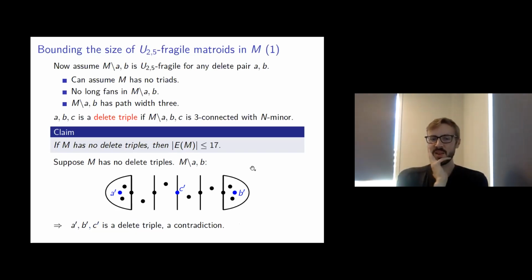So you can argue that M delete A prime, B prime, C prime is 3-connected. That tells us that we actually have a delete triple, which is a contradiction.